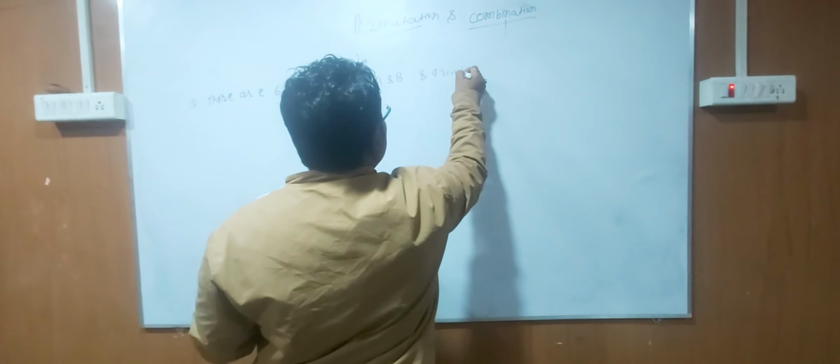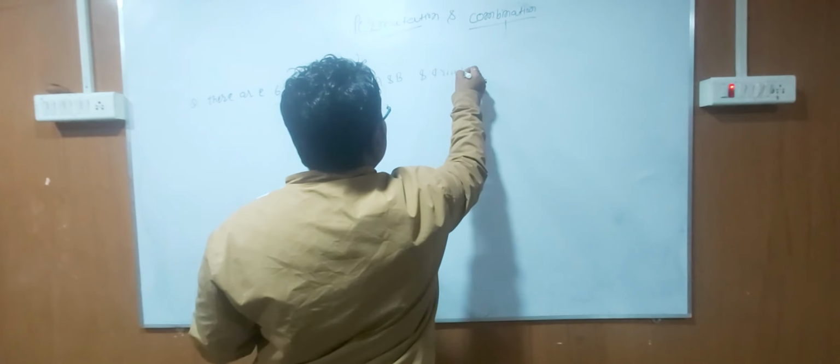And back to A. First this person goes from A to B, then 6 ways, and means into, means multiply, and from B to C by 4 ways. And the process is continuous.